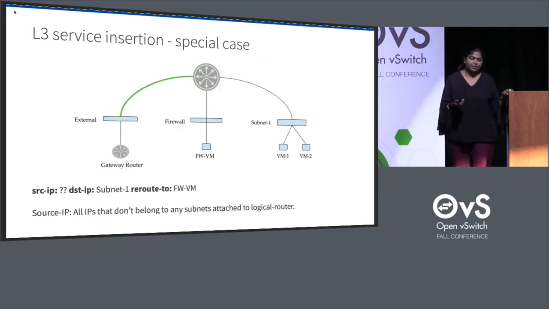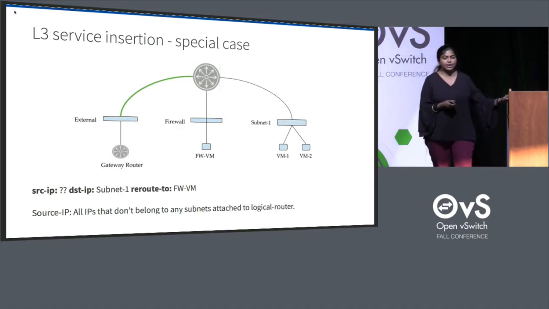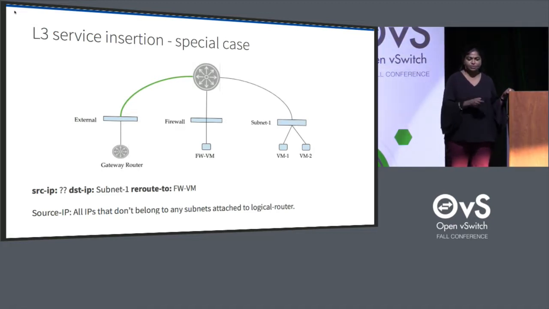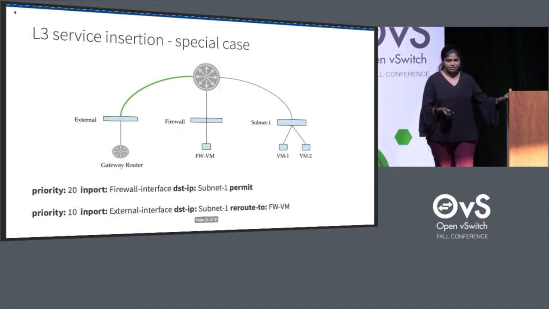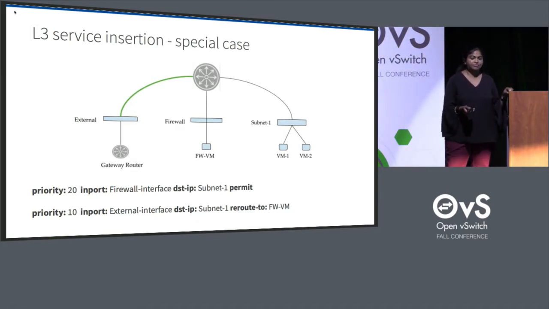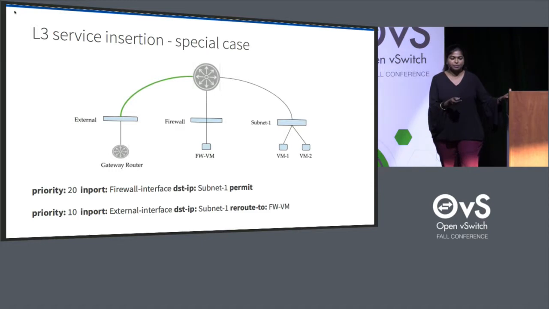Such a policy cannot be written based on the source IPs, because now source IP is all IPs that don't belong to any subnets attached to this logical router. So traffic coming in from the external world is any IPs that don't belong to any subnets attached to the logical router. So instead of using source IP as a qualifier here, I've used the incoming port as a qualifier.